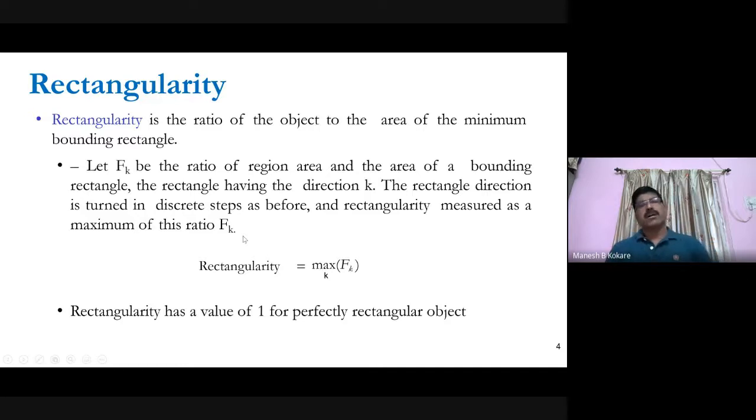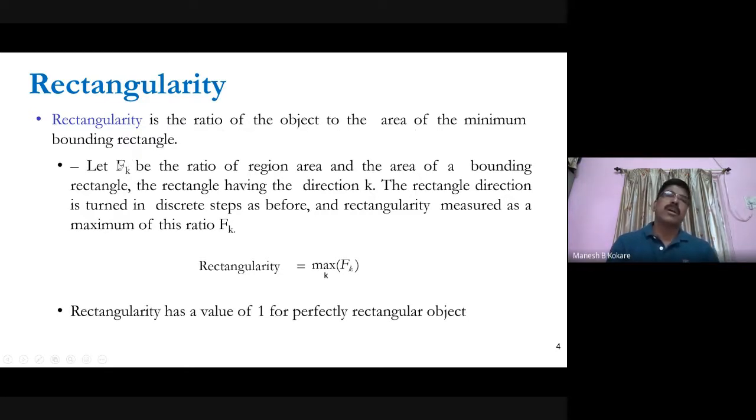Then the next feature based on the region is rectangularity. Rectangularity means how rectangular the shape is in nature, and you have to find that out. So definitely you have to find the bounding box in that case. Rectangularity is the ratio of the object area to the area of the minimum bounding rectangle.